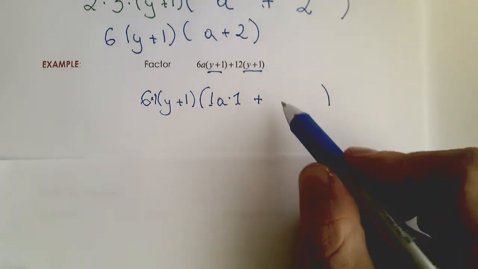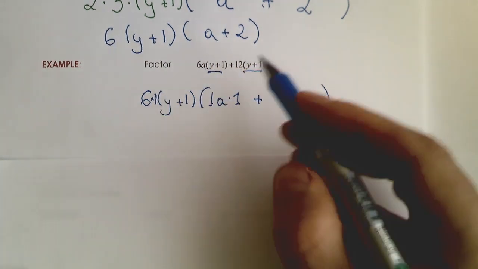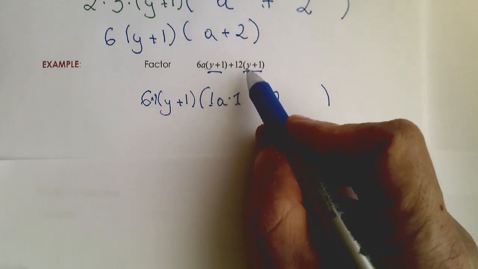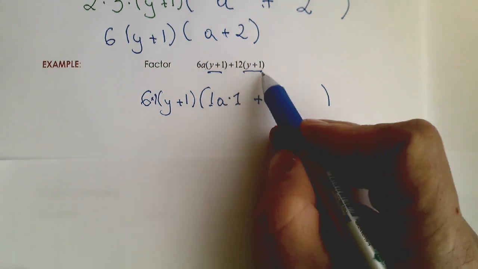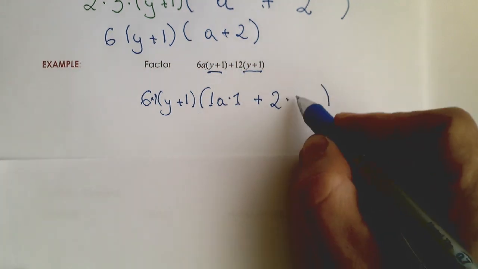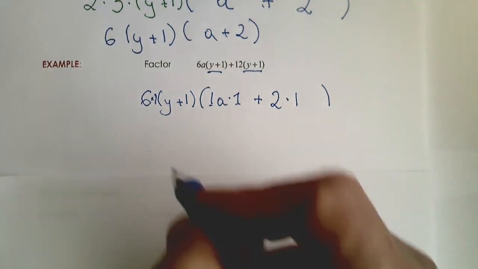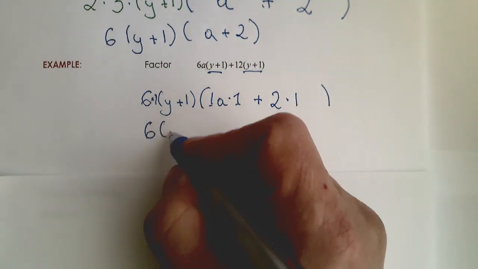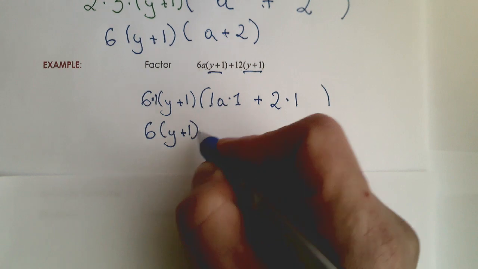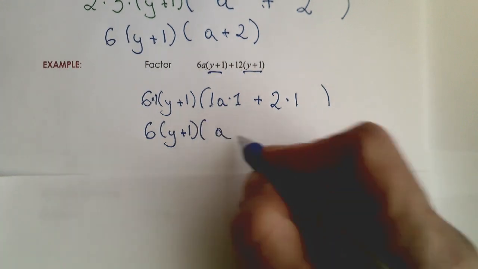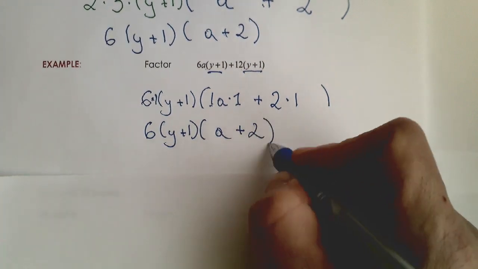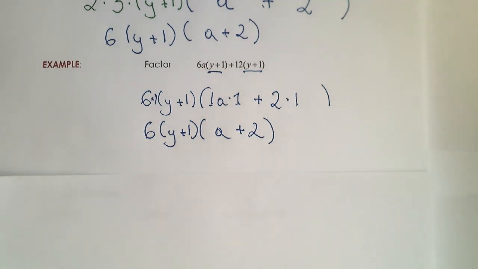Okay, and in the second one, 12 divided by 6 is 2. There is y plus 1 divided by y plus 1 is 1. All right, and then quickly cleaning it up, it's 6 y plus 1, open bracket, a plus 2. Okay, and that's another way of doing this question, which could be a little bit faster.